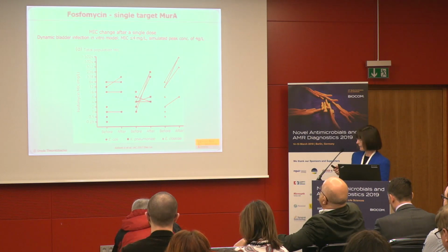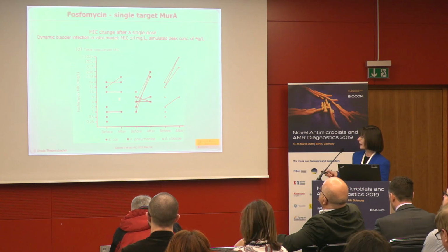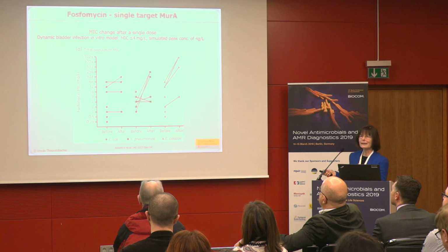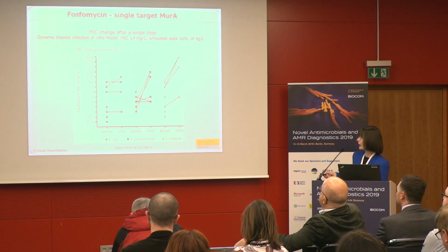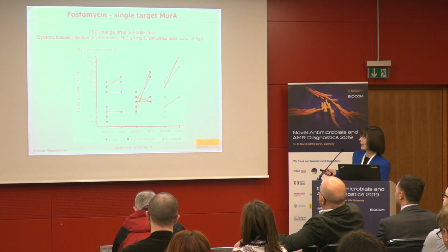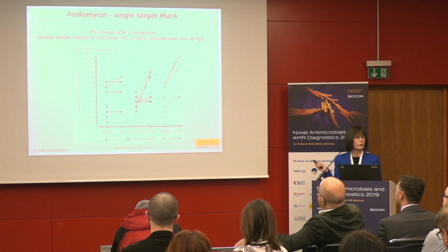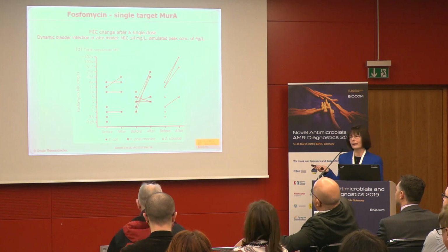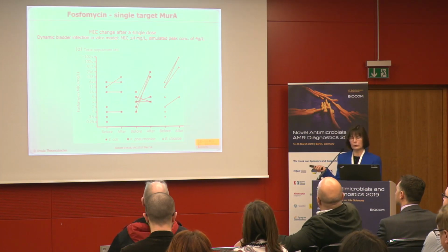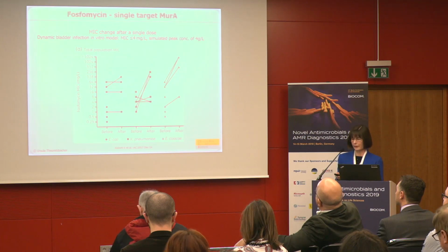And you can see that before and after, so the second measurement, for E. coli the MICs didn't change too much, but they changed a lot in some strains for Klebsiella and also Enterobacter. So also here, it's strain specific and also species specific.